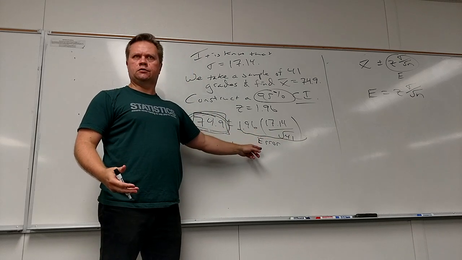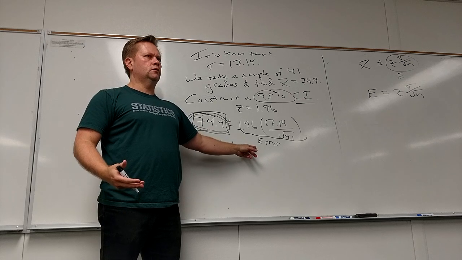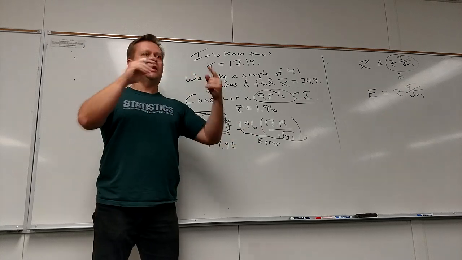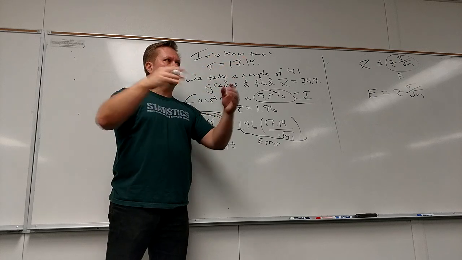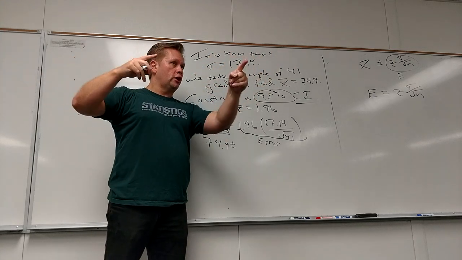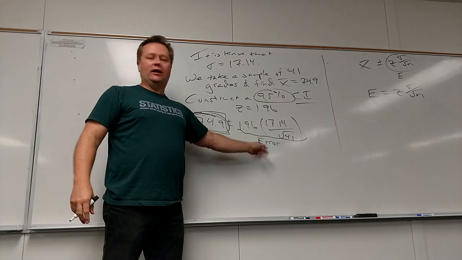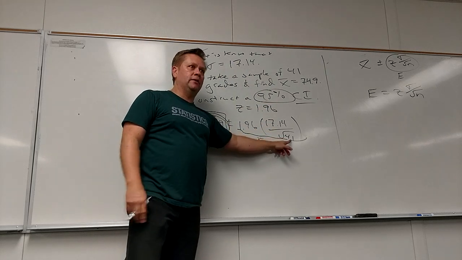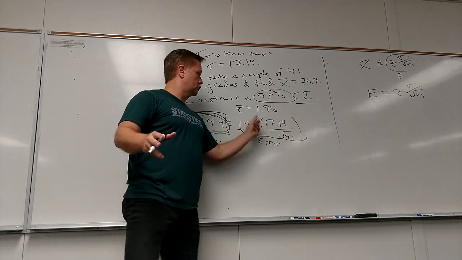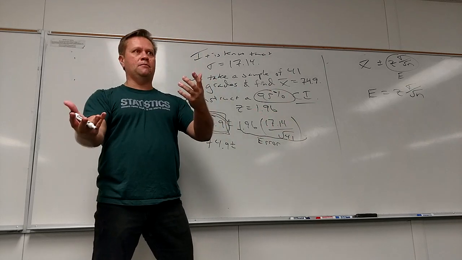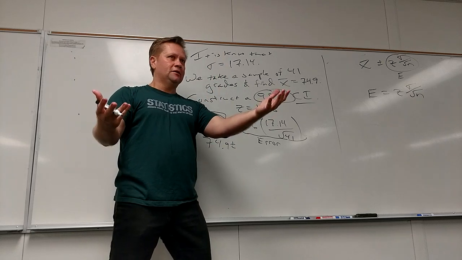It would go down, get less, which makes sense conceptually. The larger the sample, the more sure I am about what I see, so the less error there should be. And it makes sense mathematically, because I'm dividing by a bigger number, so that should get smaller. Are you guys with me? It's always nice when the math matches with the conceptual idea. I like it.